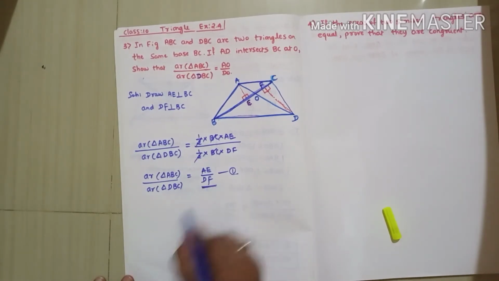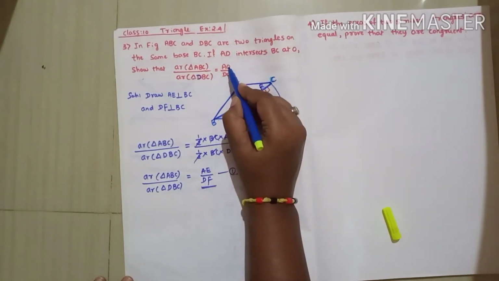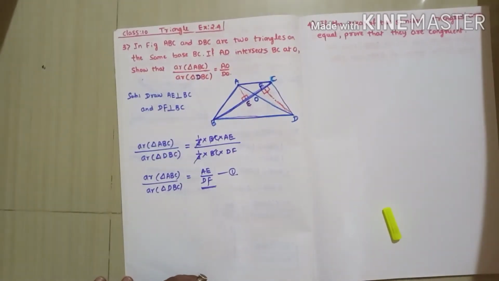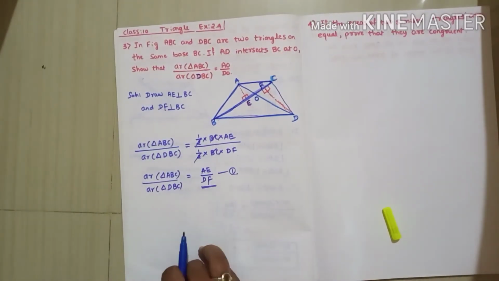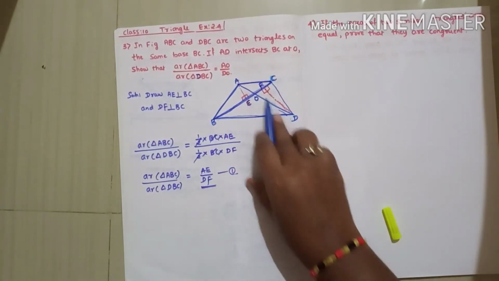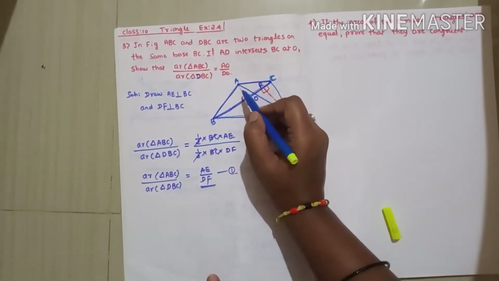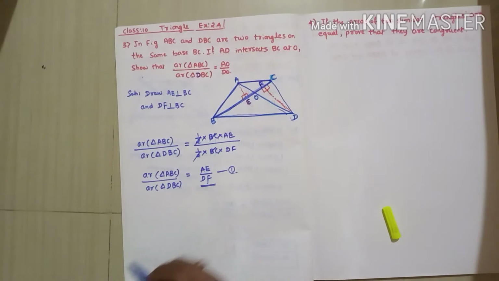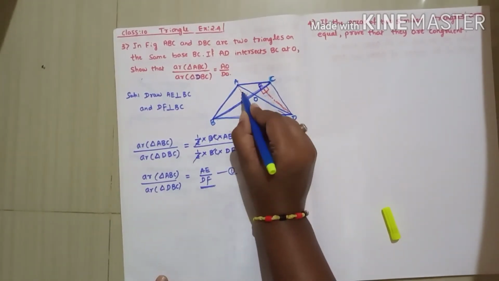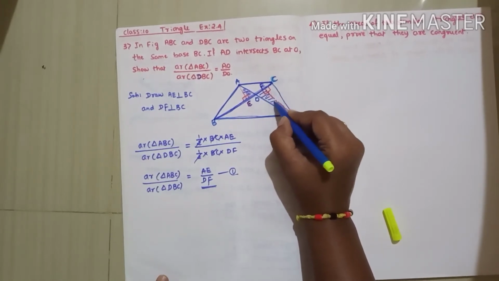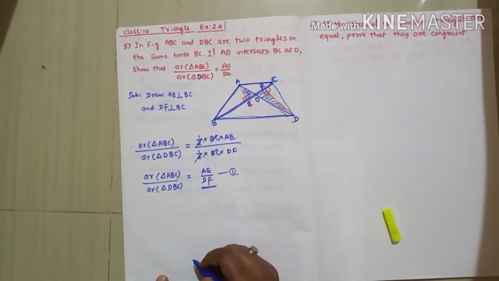Here, in place of this, we want to get AO by DO, then only we will get the result. So for that, you see AO and DO are here, and AE and DF are there. So we should consider the triangles AEO and DFO, and prove these two triangles are similar. These are the smaller triangles, no? This triangle and this smaller triangle. We have to prove those two triangles are similar.